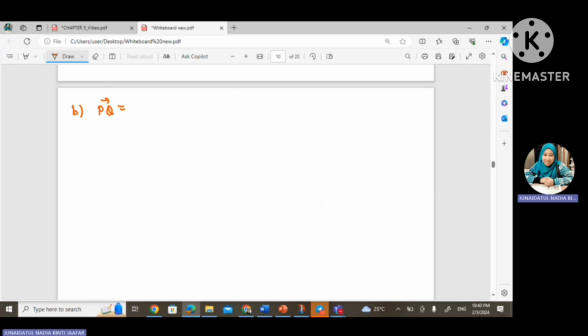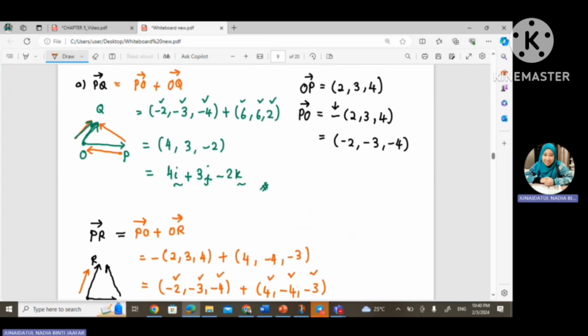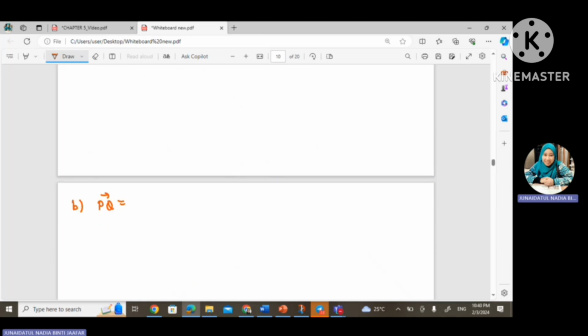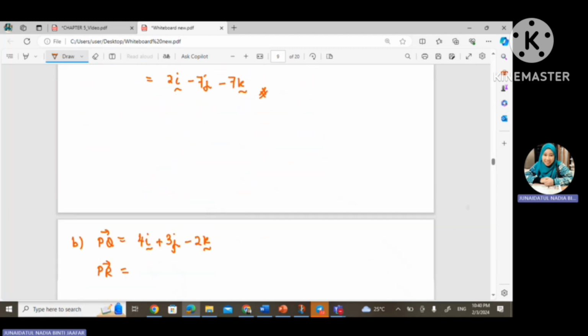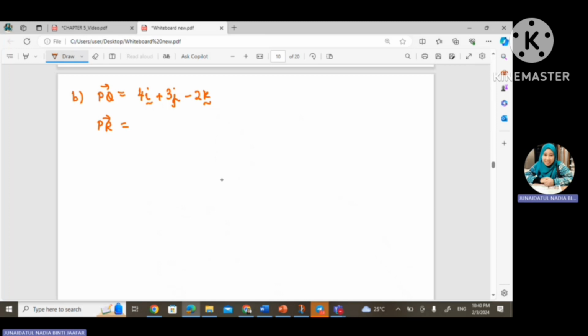PQ just now is 4I plus 3J minus 2K, and vector PR is 2I minus 7J minus 7K.